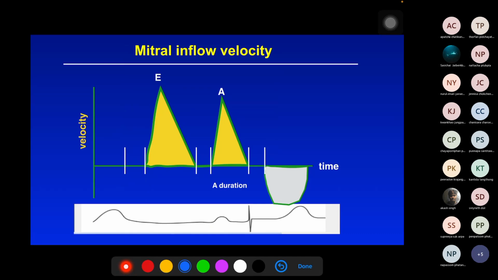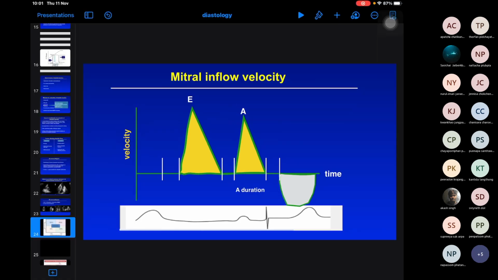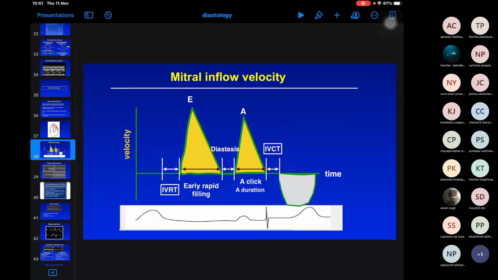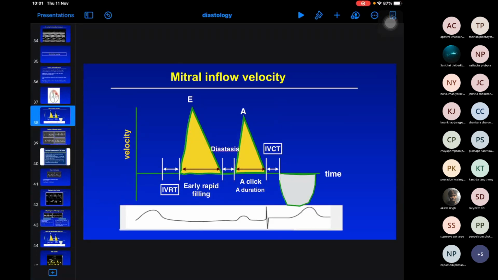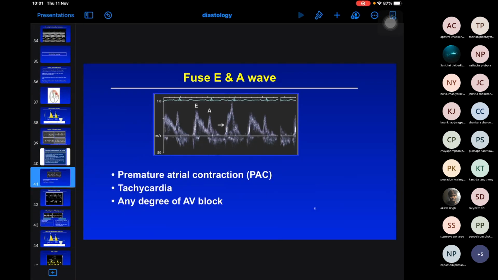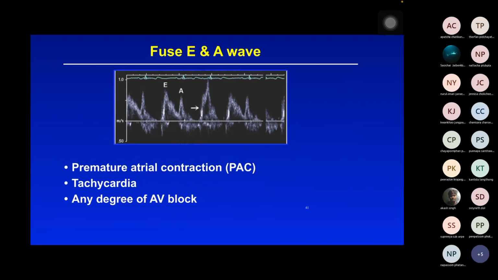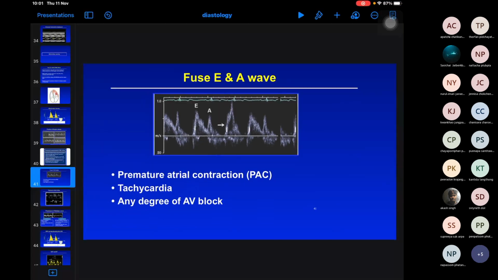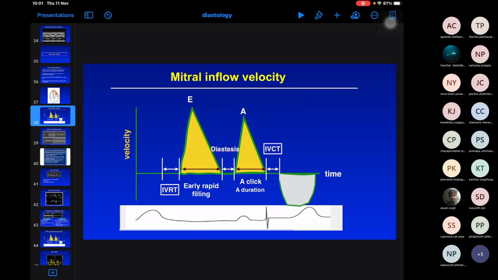Okay, when you press the pulse wave, you may get this picture. Okay, it's like this picture. What does this picture mean?